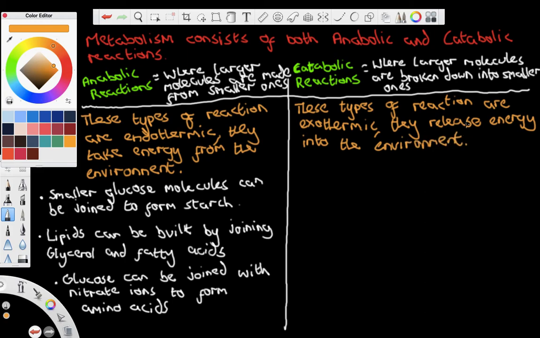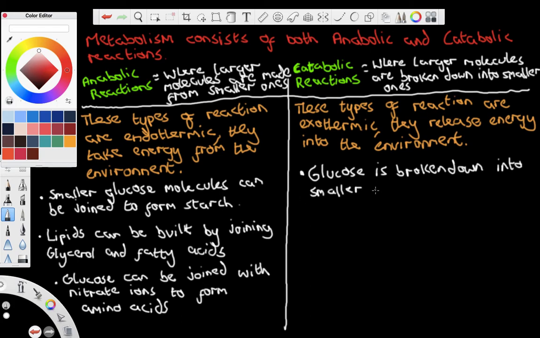A perfect example of this is glucose is broken down in respiration. So glucose is broken down into smaller parts in respiration. If you decide to do A-level biology, we'll do that in more detail, okay?